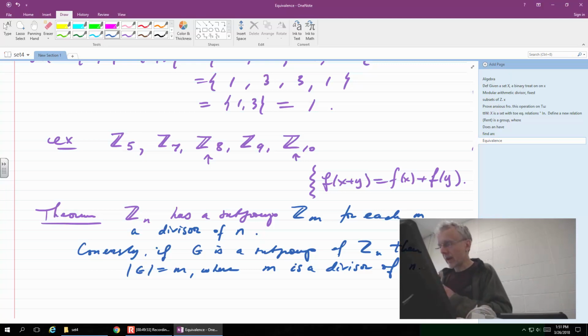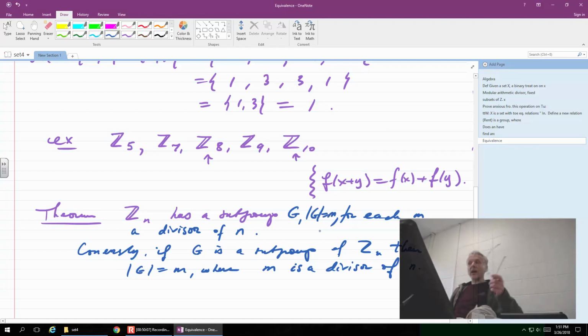I don't want to say that it is necessarily a group Zm, so let me simply write G. Okay, so just the size of the group is m.